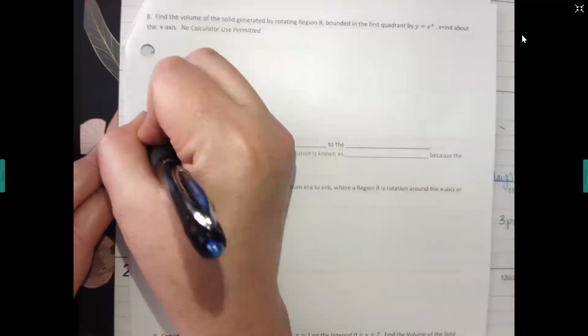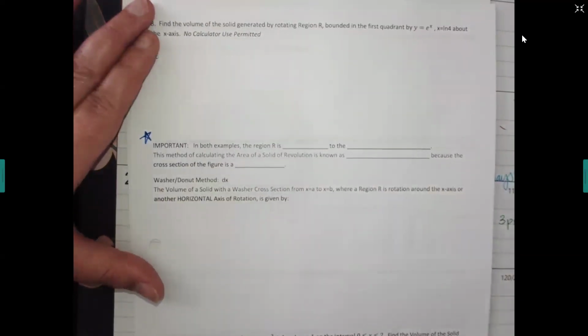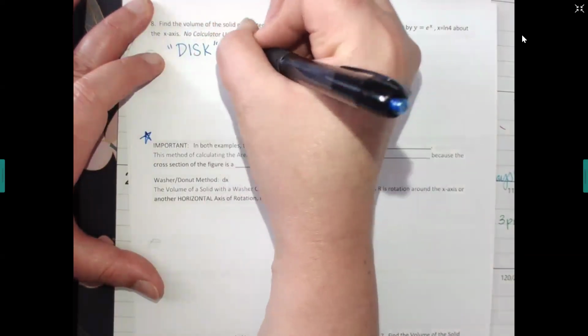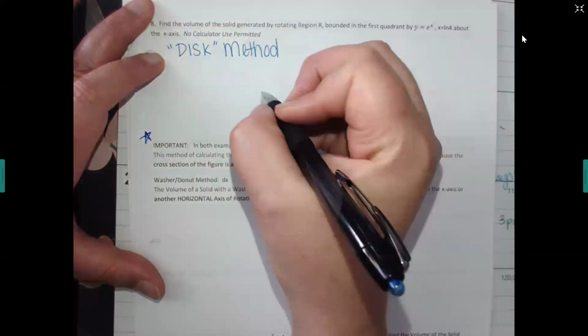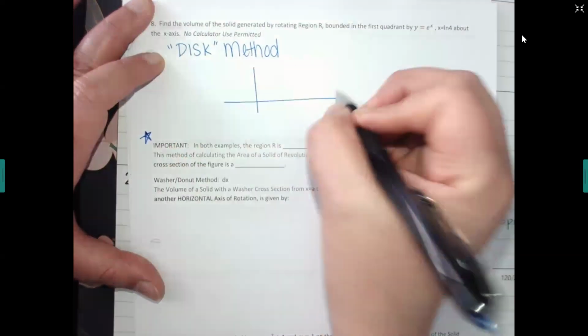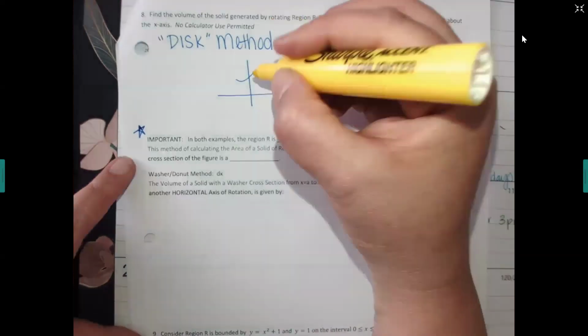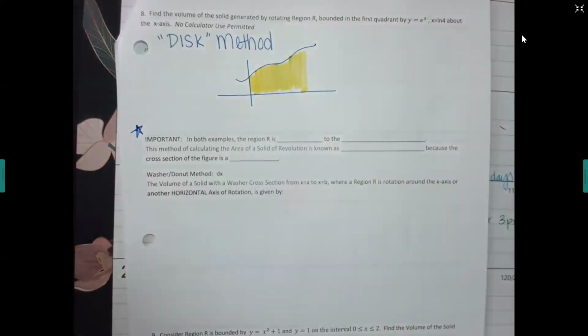All right, so we're going to start right here. I'm going to use the space from number 8 to put what was supposed to be there. What you just learned is called disk method. The reason that it's called disk method is because whatever your region is, so let's say we're shading from here to here, the line that you're rotating it around is also a side for that shape.